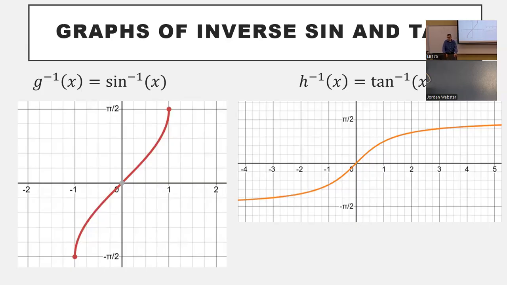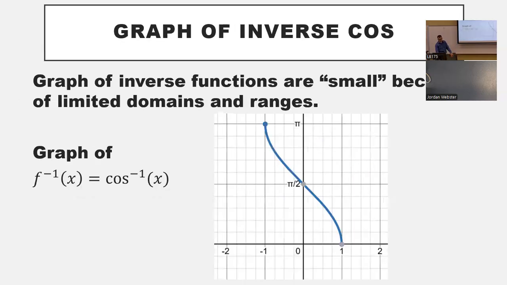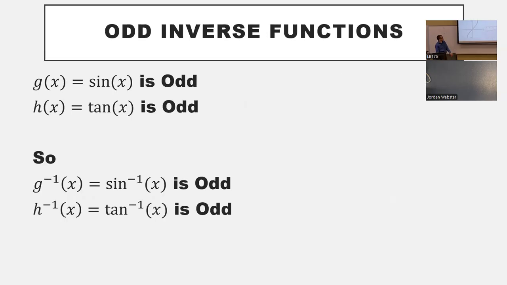By the way, I just want to point out, in our last section, we saw that the sine function and the tangent function were both odd functions. Because of that, inverse sine and inverse tangent are also both odd functions.